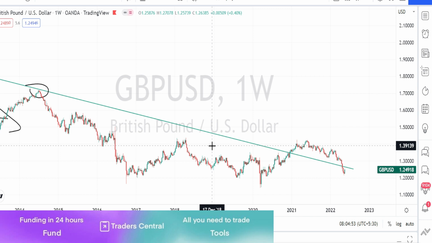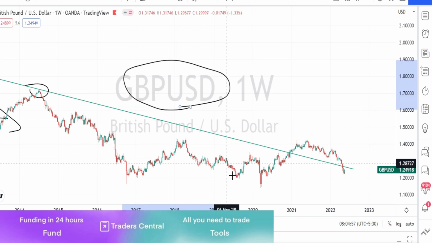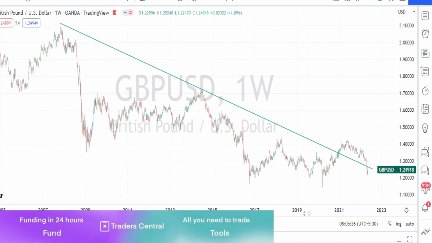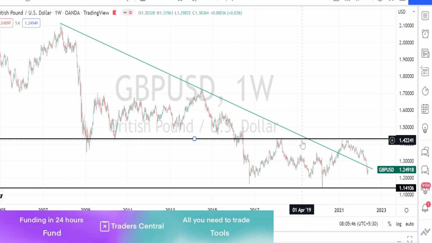And when we closely analyze the characteristics of British pound US dollar price action, the lowest it has gone was up to this level of 1.141, and the highest it has gone around the level of 1.422.